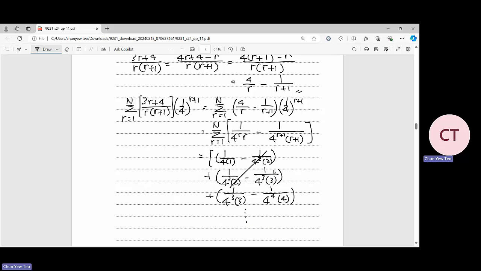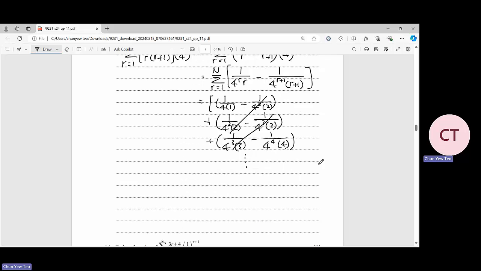You can see the pattern, they cancel in such a way already. The pattern will behave the same until you reach the last one: 1 over 4 power N minus 1 times N minus 1, then 1 over 4 power N times N, minus 1 over 4 power N plus 1 times N plus 1.